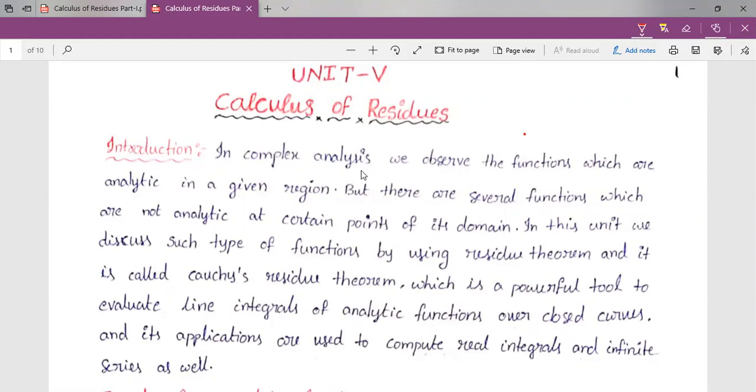Specifically, in this unit, we will discuss such type of integral functions by using the residue theorem, also called Cauchy's residue theorem. It is a very powerful tool to evaluate line integrals of analytic functions over closed curves. The applications of Cauchy's residue theorem are to evaluate improper real integrals and infinite series as well.